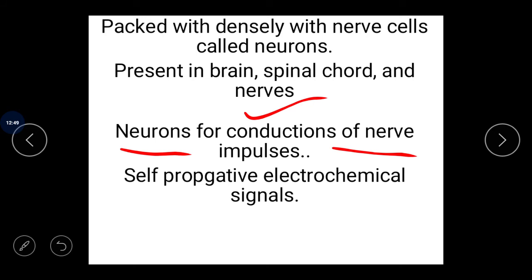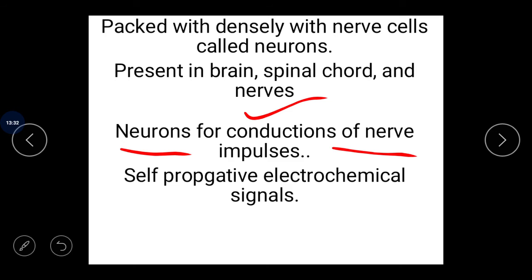You know that they conduct nerve impulses. They perceive things from the environment and convert this into an impulse, and transmit that impulse to the brain, receive the information and strategies accordingly, and again transmit this impulse from the brain to the target organ, which is a muscle or a gland.